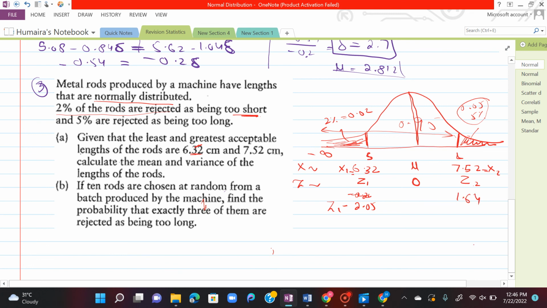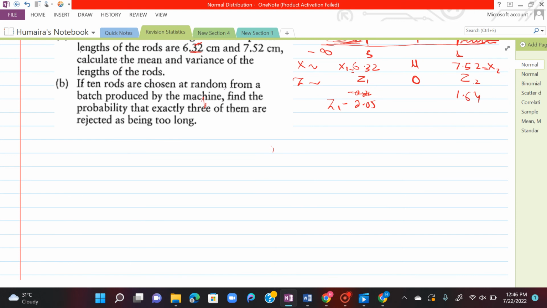I will do it simultaneously. So let me do the steps very quickly. It's minus 2.05 equals x minus mu upon sigma. This is one equation, and the other equation is 1.64 equals z equals x, which is 7.52, minus mu upon sigma.